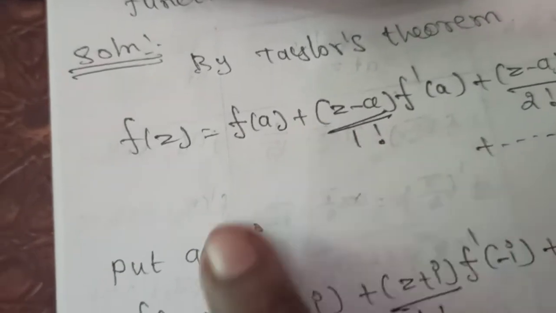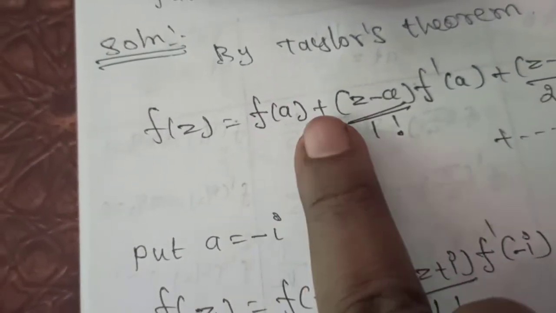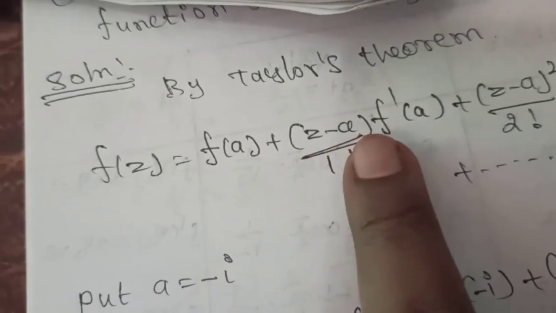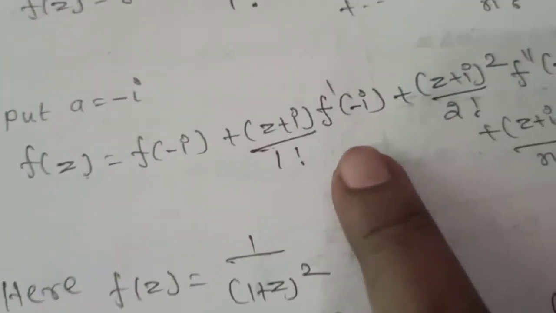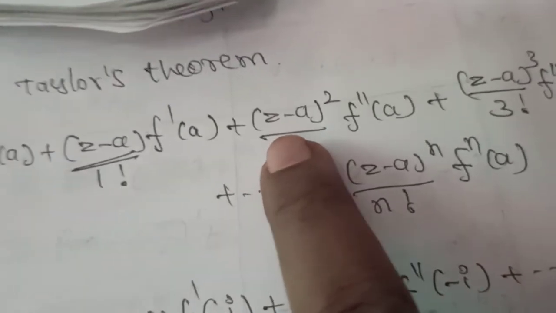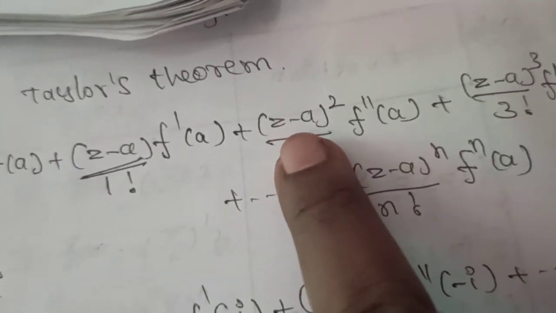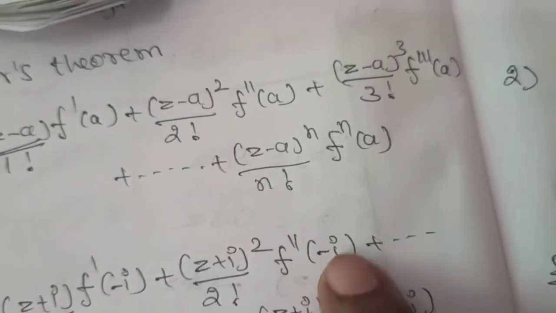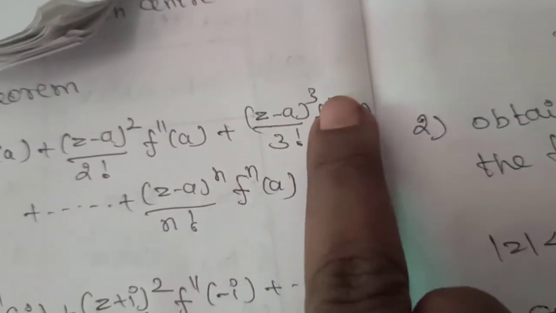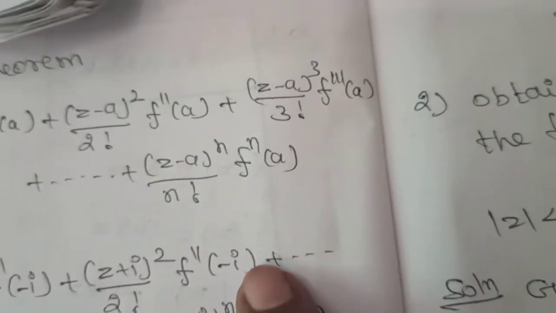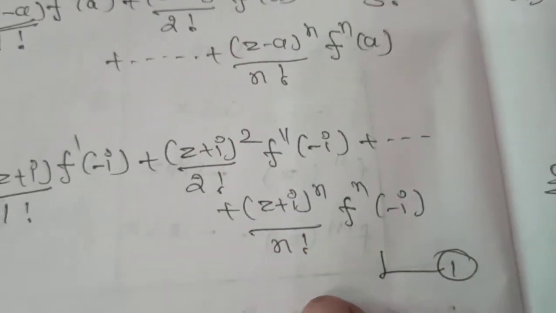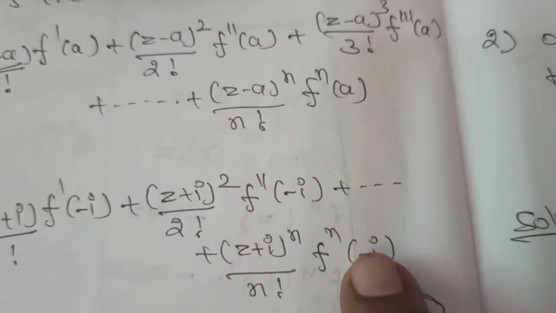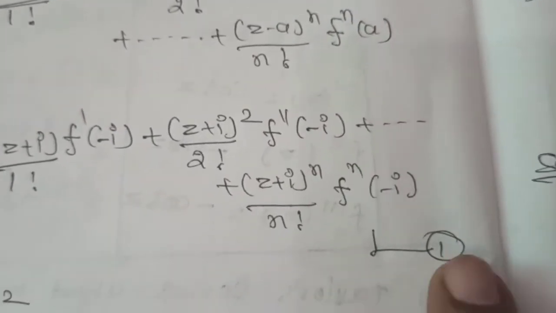Therefore f(z) = f(-i) + (z - (-i)), which becomes z + i, divided by 1! into f'(-i), plus (z + i)^2/2! f''(-i) plus (z + i)^3/3! f'''(-i), and so on, up to (z + i)^n/n! f^(n)(-i).